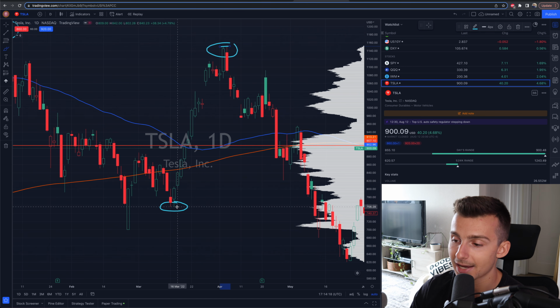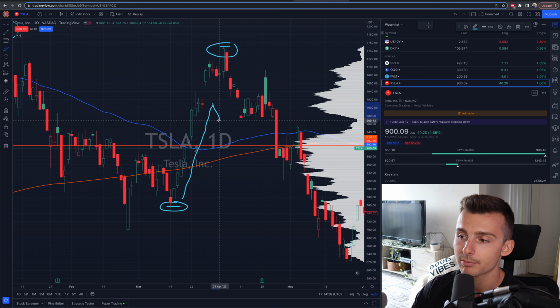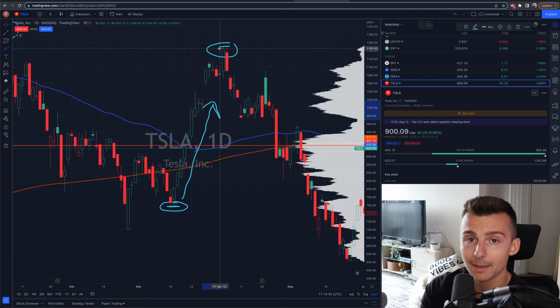And what we saw was Tesla came down to looks like 756 2 days in a row, and it bounced at that exact spot and had a massive, massive run back up in the coming weeks after that, going from roughly 756 all the way up to over 1100 in just a matter of 2.5 weeks. Crazy, crazy moves, but that is what you could see off a double bottom and even a double top reversal.